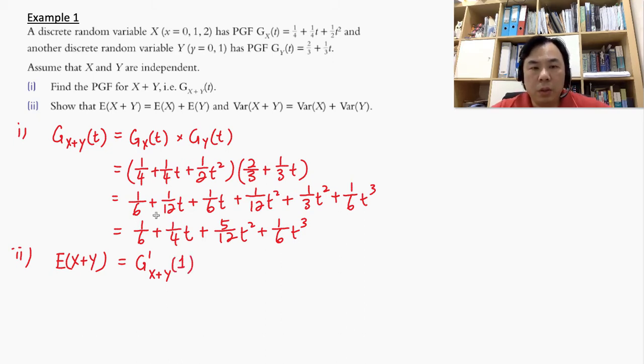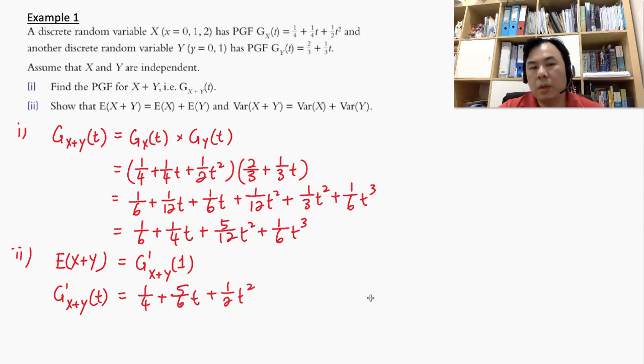Okay, now all we need to do is to differentiate these ones. I'm going to differentiate that. You will have 1/4 plus 5 over 6t, and then 1 over 2t squared there, right? And then substitute the 1 into the t there, into the function, sorry.